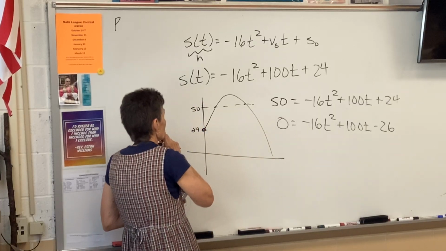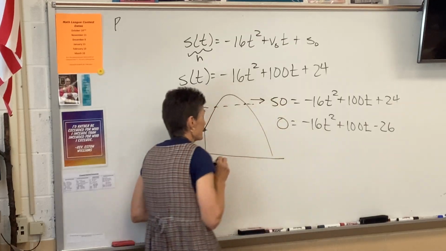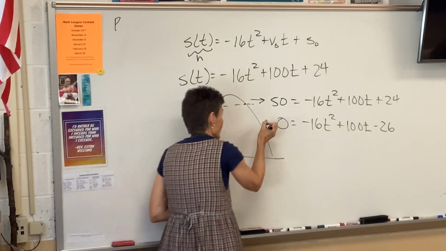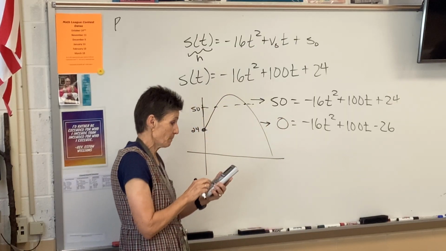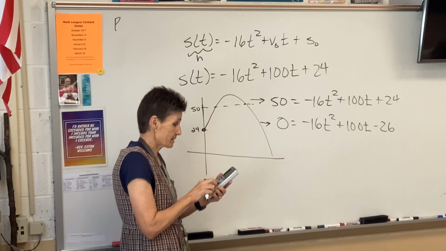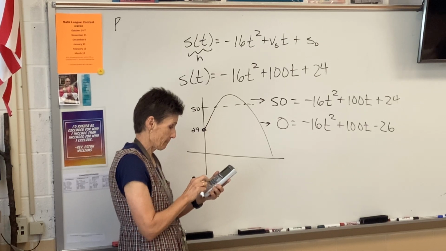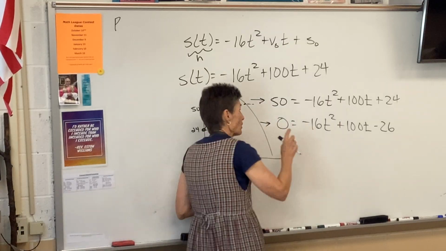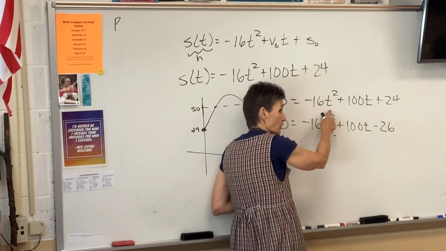So if we're doing it on our calculator, we could leave it like this and use intersections, or we can leave it like this and do zeros. Whatever flips your switch. So let's see what you can come up with. Now, I don't know if I talked about this. I know that T is there. Please use X on your calculator.